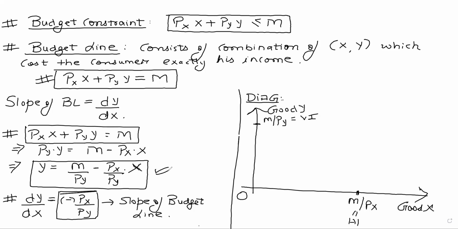Now some observations. So let me work it out here, guys. You can clearly see that the slope of the budget line is negative because it's minus px by py.